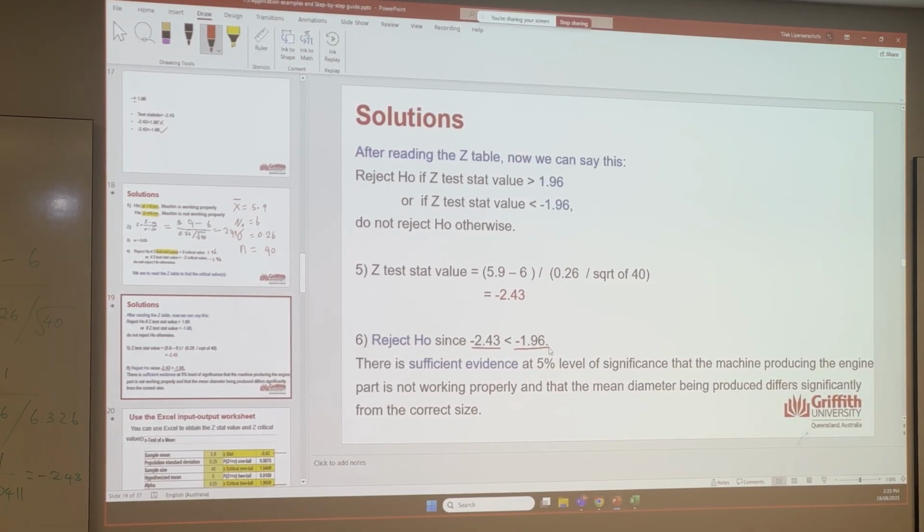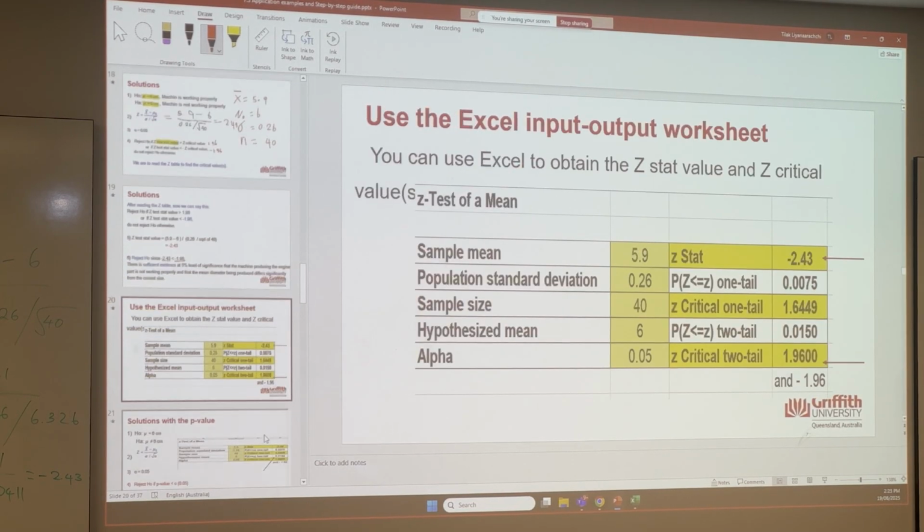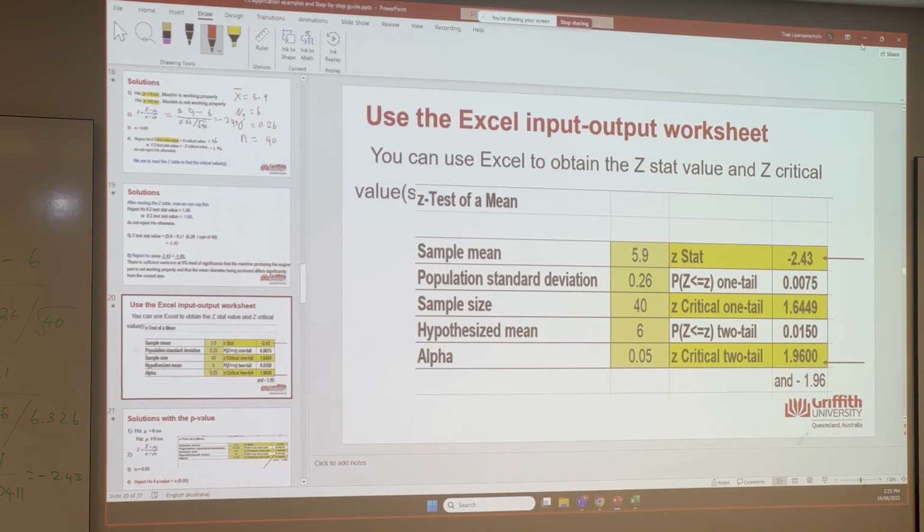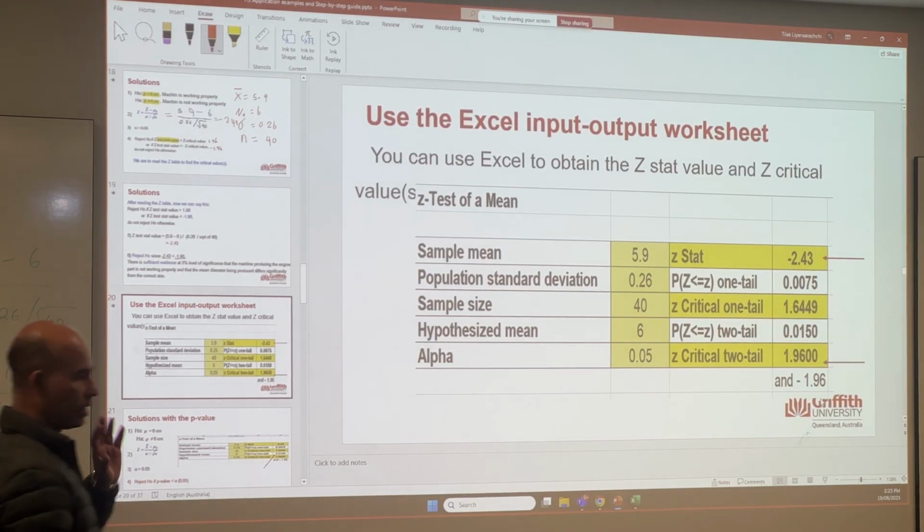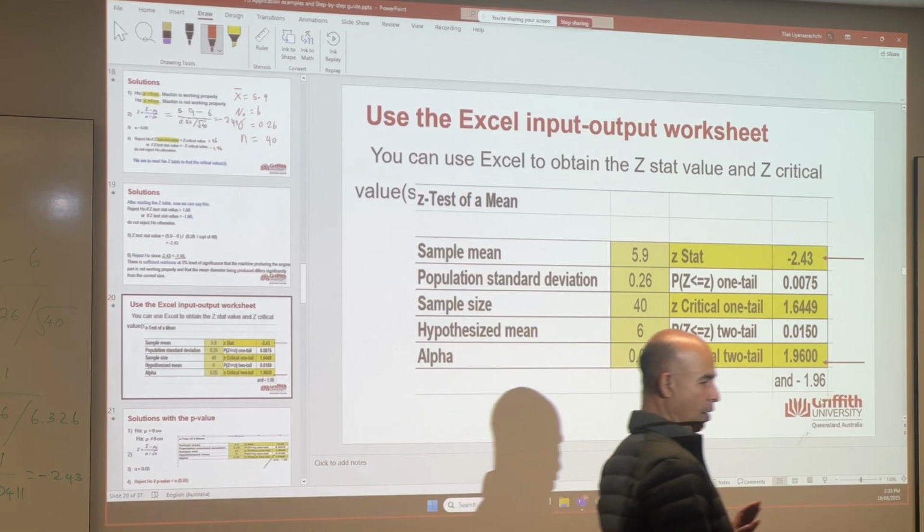Now you can do it manually or you can do it using Excel. I think in your assignment you have to do it in Excel. You have an Excel template, so I'll give you that now.